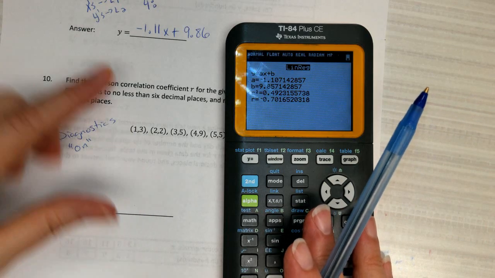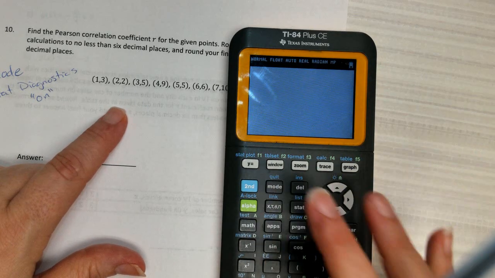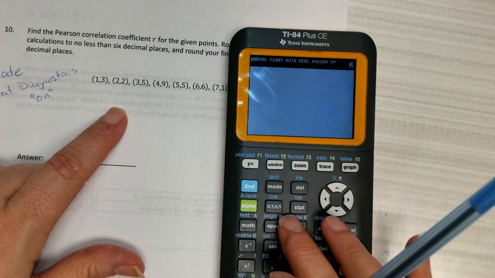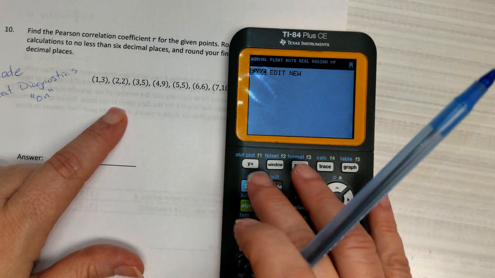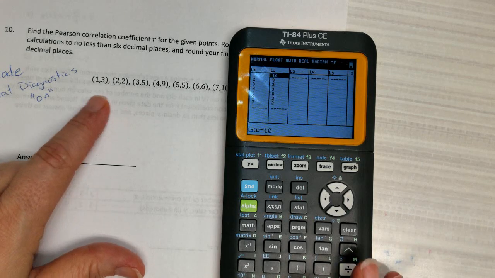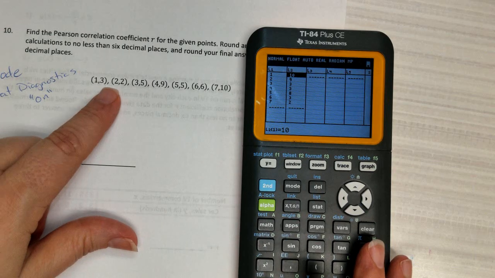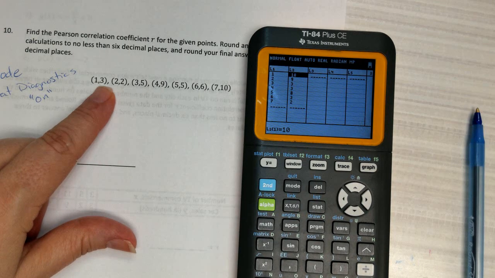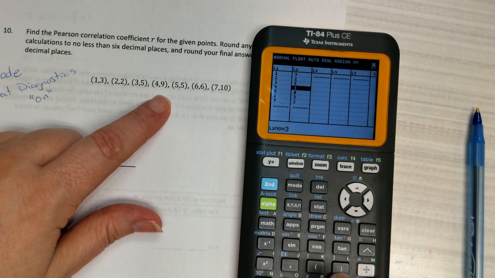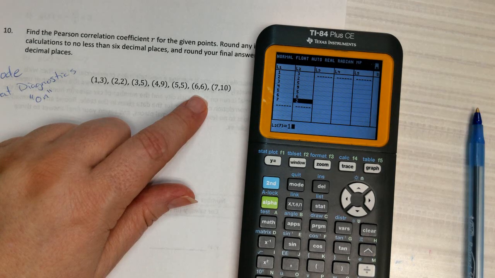Now, when we do this, it looks like the same points, but it's not, so I have to go back into the stat. We're going to edit. The 1, 2, 3, 4, 5, 6, 7 is the same. But these numbers are different now. So I have to do 3, 2, 5, 9, 5, 6, and 10.